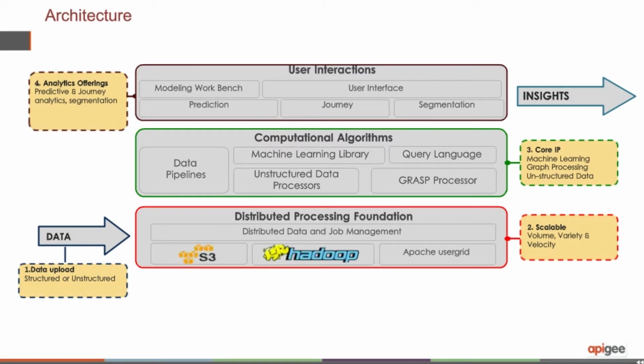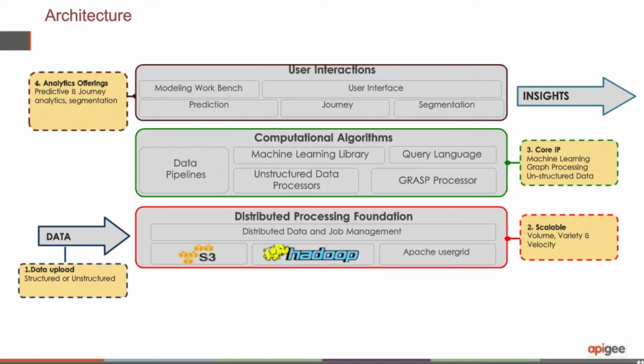The lowermost is our distributed processing foundation. This layer brings us the capability to compute in a distributed manner to scale to the big data needs, and it's built upon platforms that give us that capability, for example S3, Hadoop, and UserGrid.